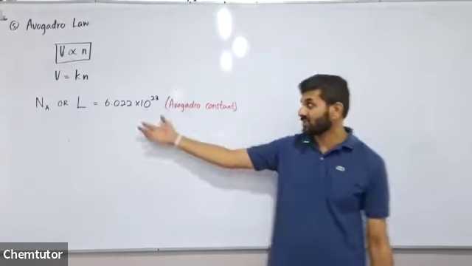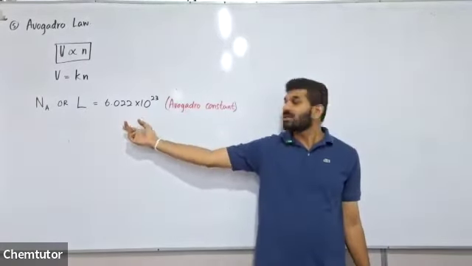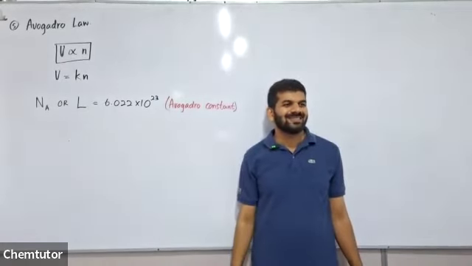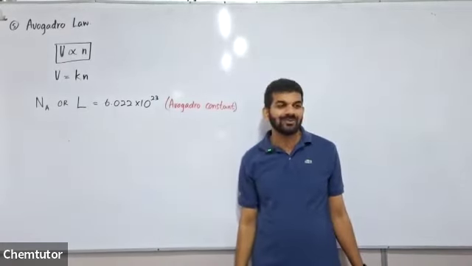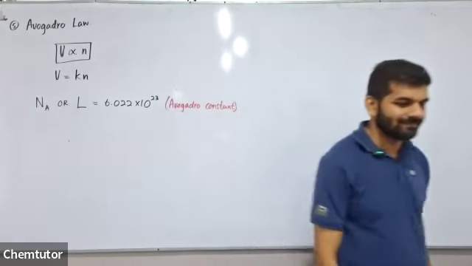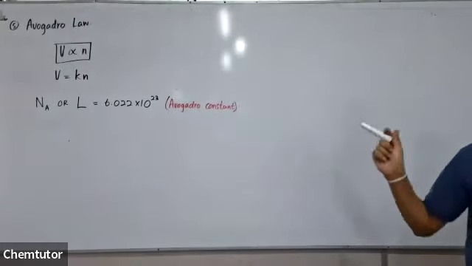So it's a very large value, no? 10 to the power 23 means 6.022 followed by 23 zeros. Did you write it? Avogadro's constant?